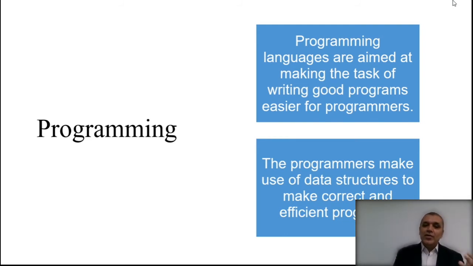While we are trying to achieve this, we don't just start writing a program; we have a mechanism and steps to follow. We have phases we need to follow, and data structure is there to help us overcome these issues.